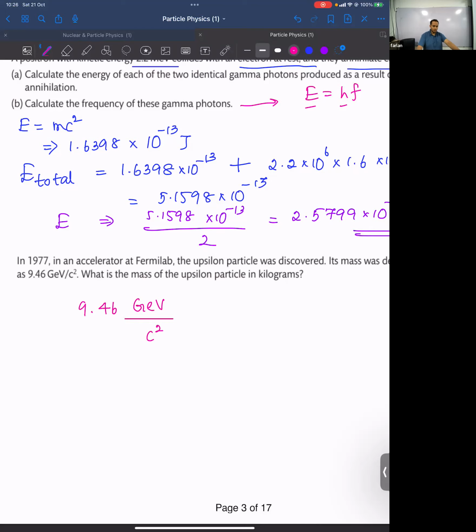How do you convert giga electron volts to electron volts? I'll multiply by 10 to the power 9.